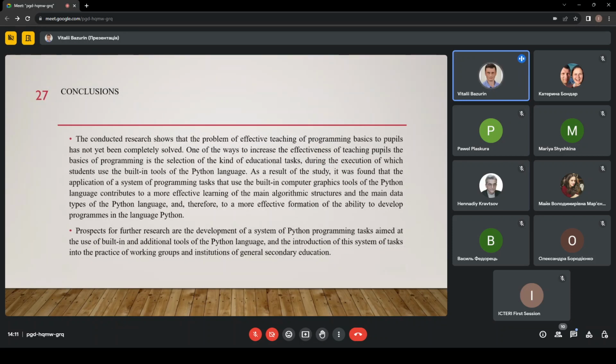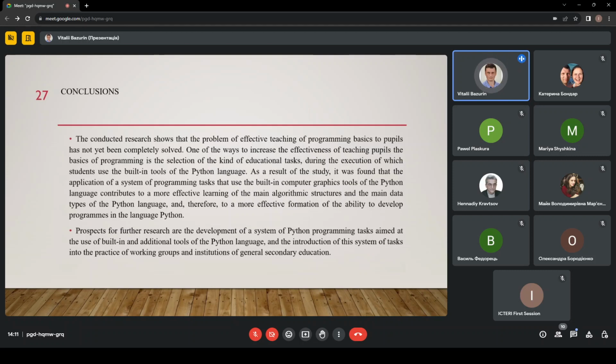Conclusions. The conducted research shows that the problem of effective teaching of programming basics to pupils has not yet been completely solved. One of the ways to increase the effectiveness of teaching pupils the basics of programming is a system of educational tasks during the execution of which students use the built-in tools of the Python language.